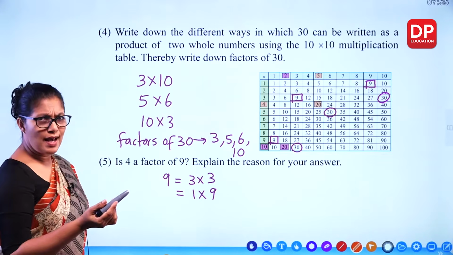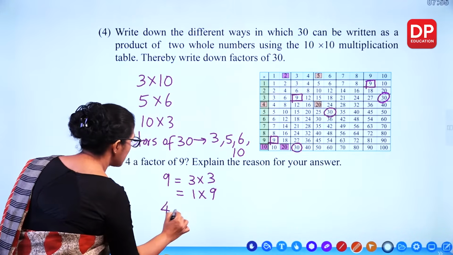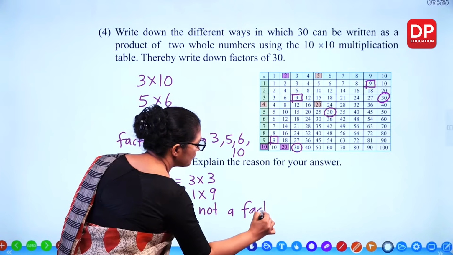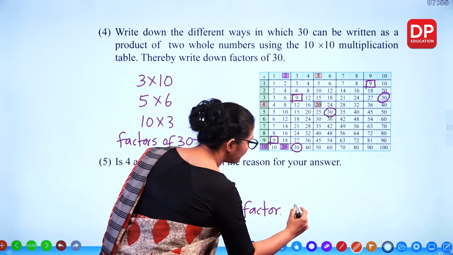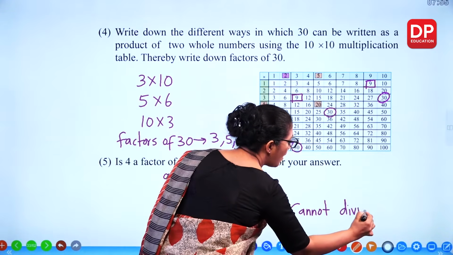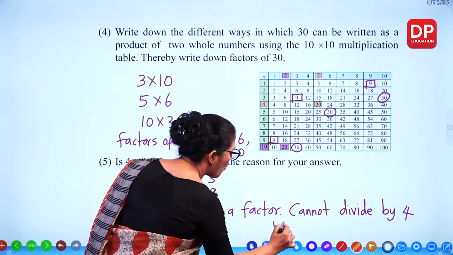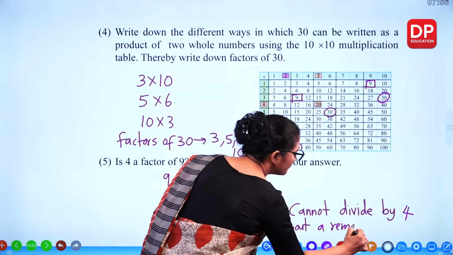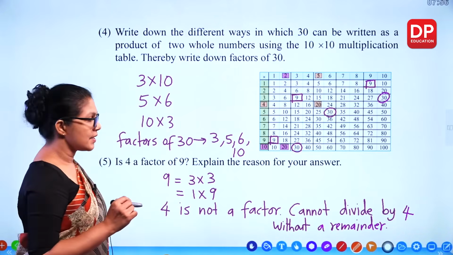So is 4 there? 4 is not there. So 4 is not a factor because you cannot divide by 4 without a remainder. So when you divide, you get a remainder. So that's not a factor.